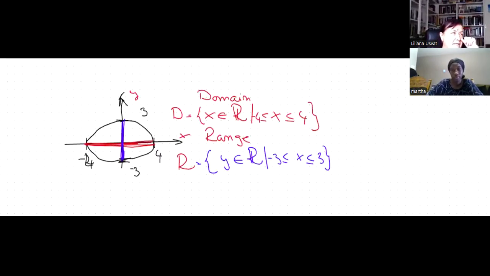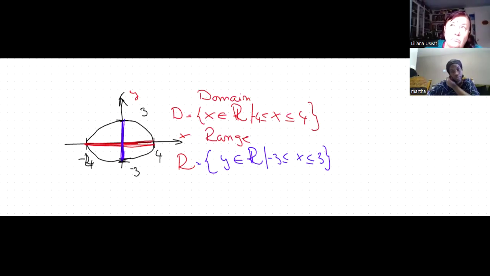Then we need to see if this relation is a function. The condition for a relation to be a function is checked by the vertical line test. A vertical line should not intersect the graph in more than one point.